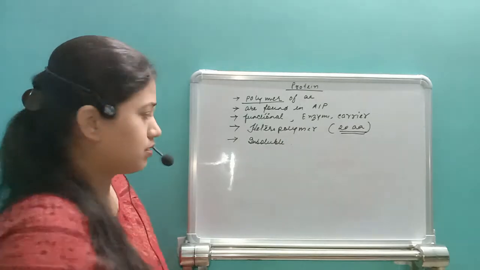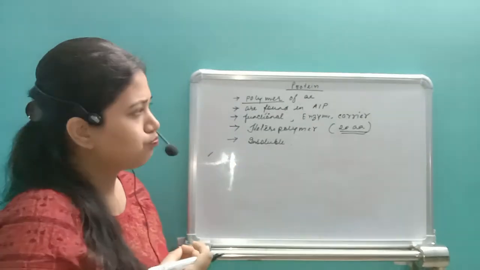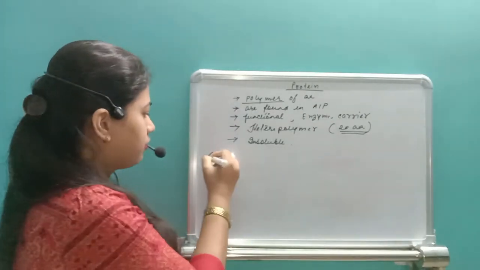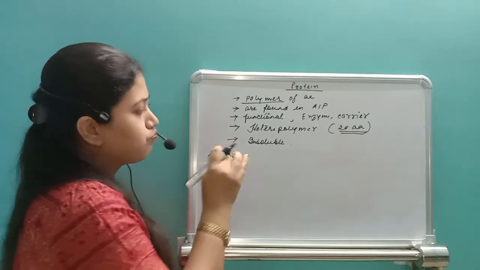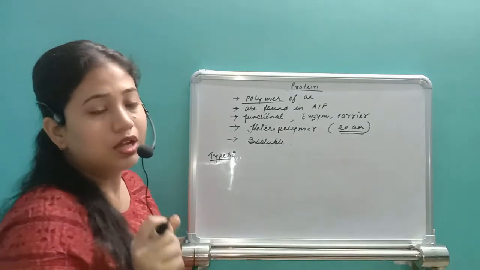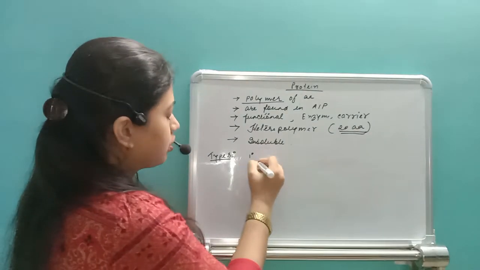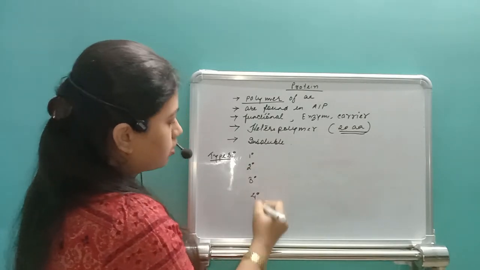Now, regarding types, we don't have to know much about proteins, very few things. Depending upon the coiling or the complex structures, the protein can form a primary structure, secondary structure, tertiary structure and quaternary structure.